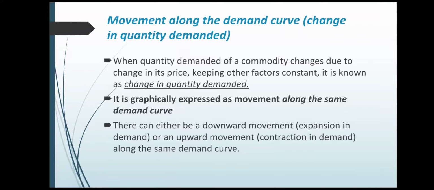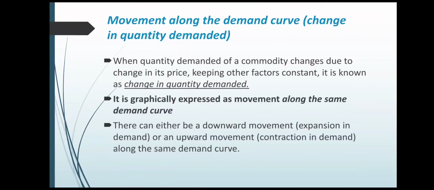So this movement along the demand curve topic deals with this particular relationship between price and quantity demanded, considering that all the other factors remain constant, and this change in quantity demanded is to be dealt with in this topic.